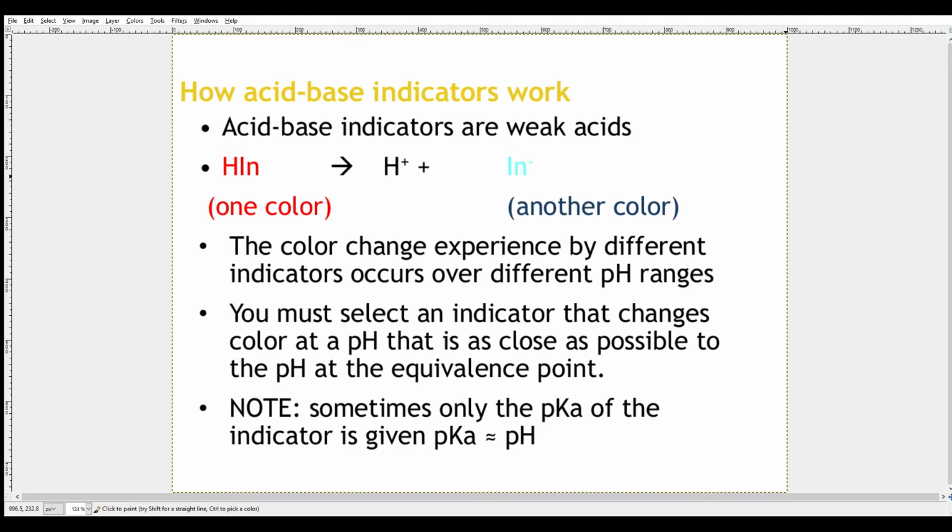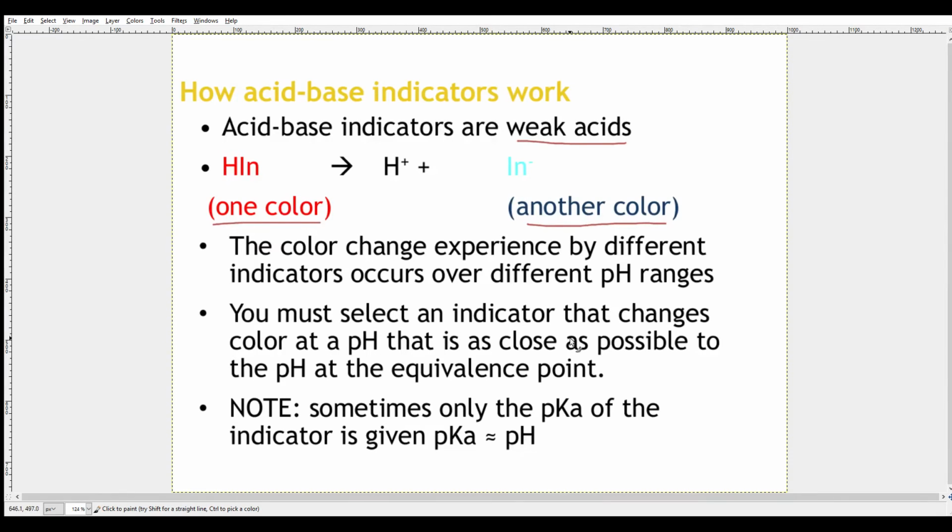So here's a little slide about how they work. Acid-base indicators are weak acids. That's what they are. So here we have hydrogen and I believe it's indium, I might be saying that incorrectly, where it starts off as one color. However, when all of the ions are released, we have a different color. So these color changes that are experienced by different indicators occur over different pH ranges.